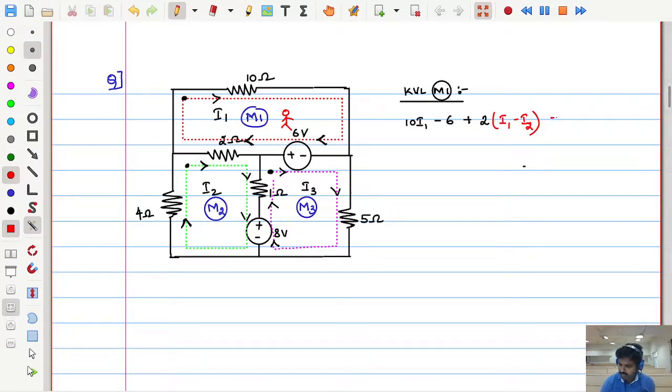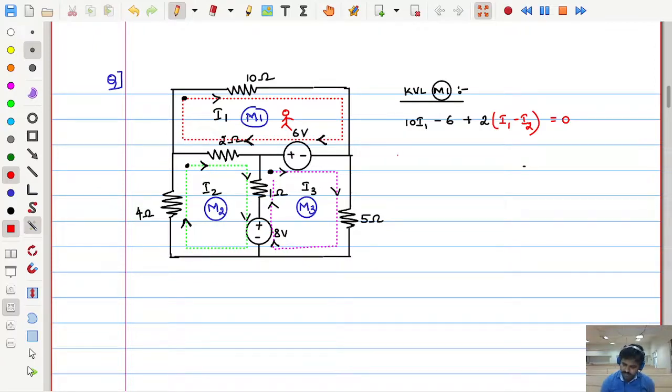So it is equal to 0. Everything is completed, right? Yes, sir. 3 stops are there, 3 terms are there. I will simplify these equations a little later. Now let us learn how to write the mesh equations only.